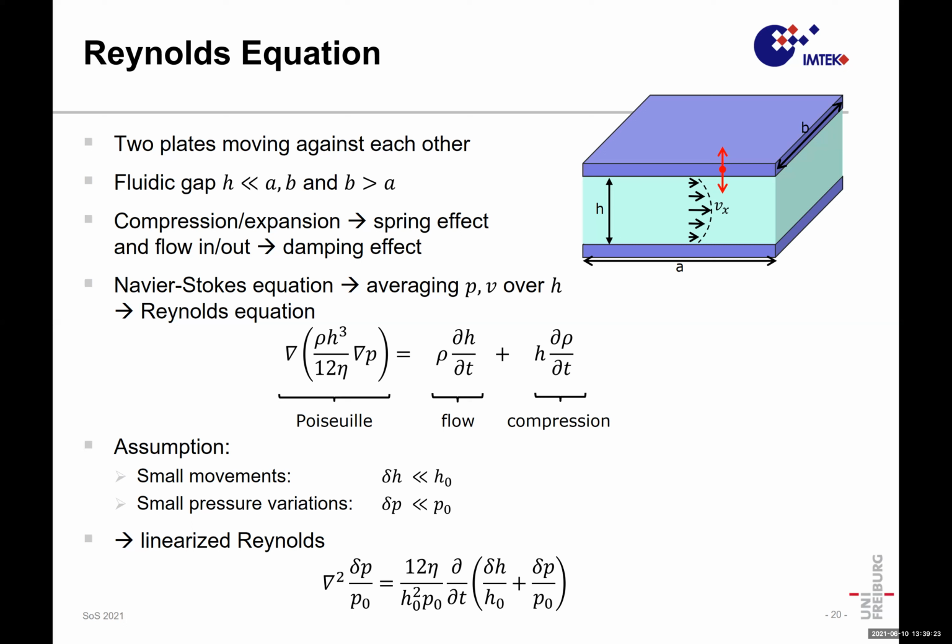You can imagine if you had very, very large plates, this would cause a spring effect, because you have the air cushion by compression and expansion, and you have, due to the in and out flow, also a damping effect. So we know this is the principle of car dampers, the squeeze and damping combination. So of course, in our MEMS situations, we want to avoid those effects, but we have to understand what it is.